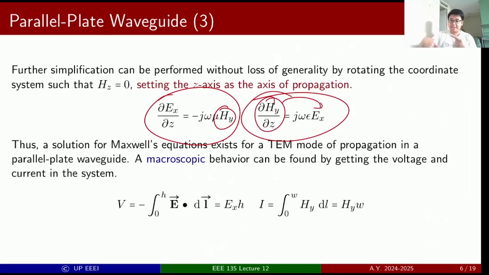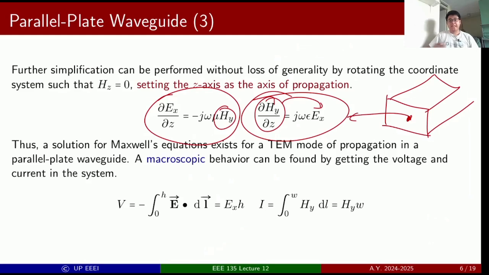Therefore, you have a propagation. But we can actually model it. This is just a specific point between the conducting plates. If you remember the image, this is just a specific point on that conducting plate.